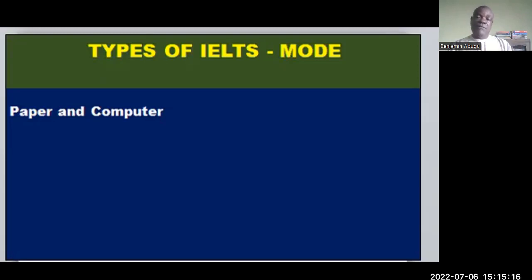Well, let me give the example in terms of the IELTS listening. Now, in the IELTS listening section, you are allowed to enter your answers into your question booklet. And then at the end of that, you are given an extra 10 minutes to transfer your answers from the question booklet to the answer booklet.